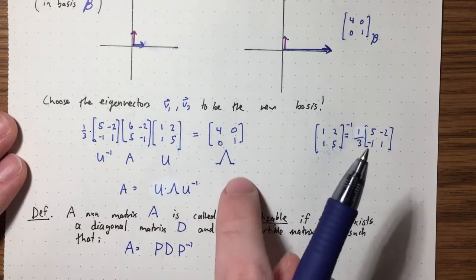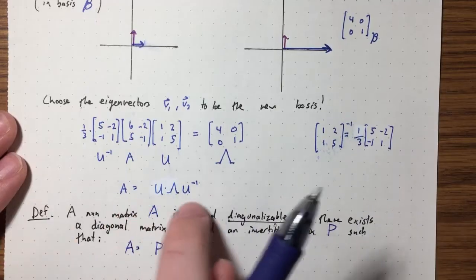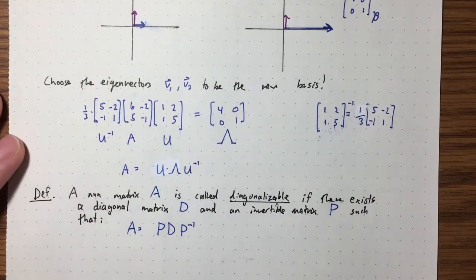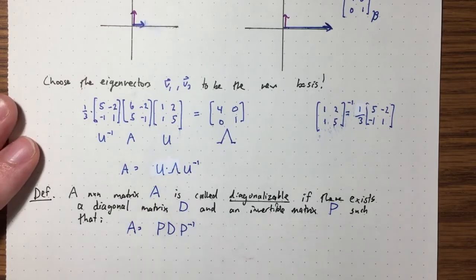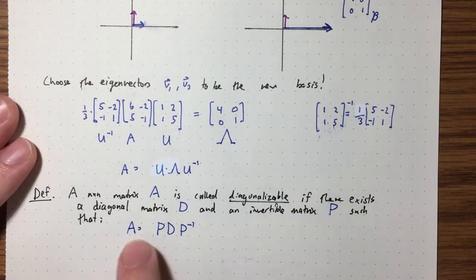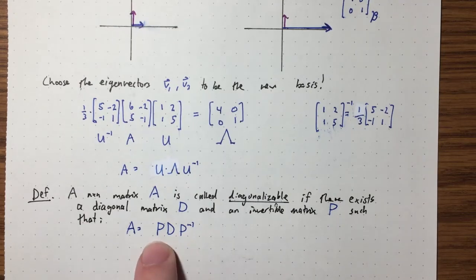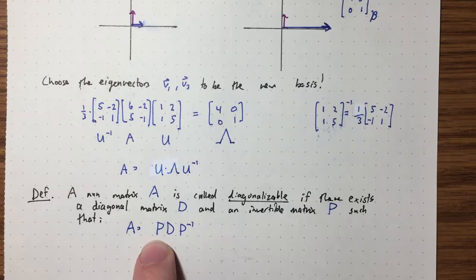Then we just multiplied through by U and U inverse to the other side, and we got this form. So this is how we define a diagonalizable matrix: A is diagonalizable if we can write it as some matrix P times a diagonal matrix D times, not just any matrix, the inverse of that matrix P that we started with.